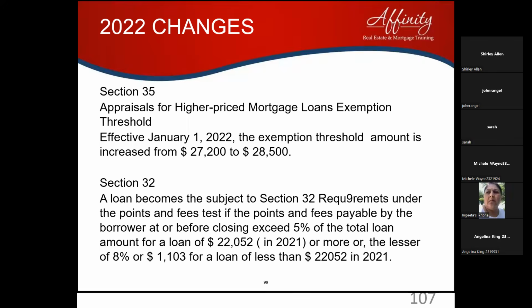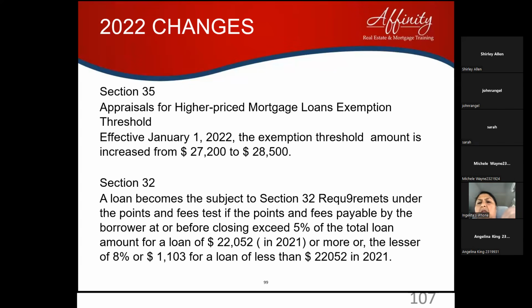Some other changes on appraisal and high-priced mortgage loans: thresholds changed from January. The exemption threshold for section 35 loans increased from 27,200 to 28,005. On section 32, the loan becomes subject to section 32 requirements under the points and fees test if the points and fees payable by the borrower at or before closing is more than 5% of the total loan amount for a loan of $22,052 in 2021 or more, or the lesser of 8% or $1,103 for a loan of less than $22,052 in 2021.